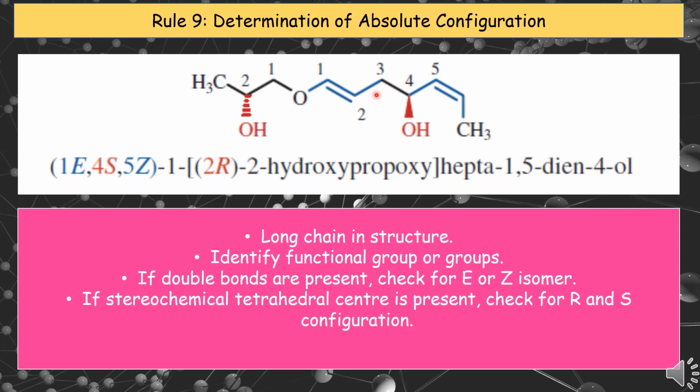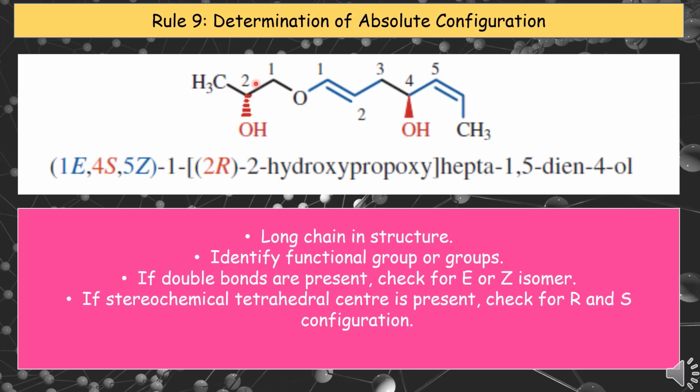At position 1, a substituent is present. So what is that substituent? The position 1 substituent is 2R-2-hydroxypropoxy, because it is a 1, 2, 3 propoxy group, where at the 2 position a hydroxyl group is present. That's why it is named 2R, as it is a tetrahedral center.